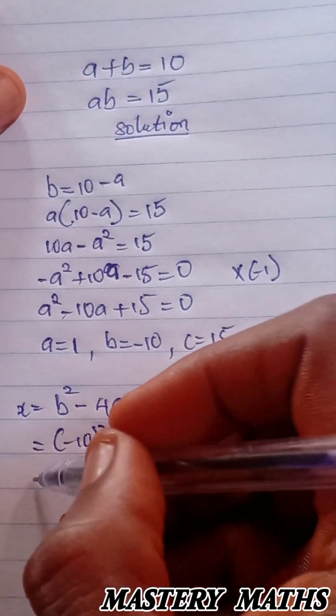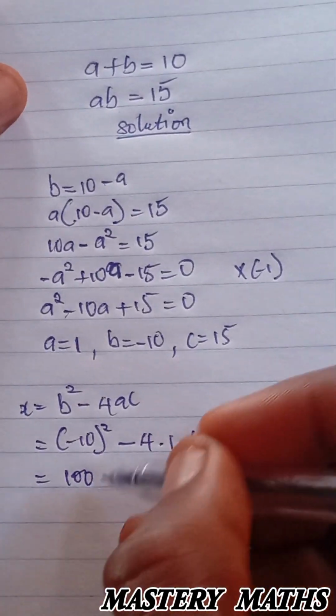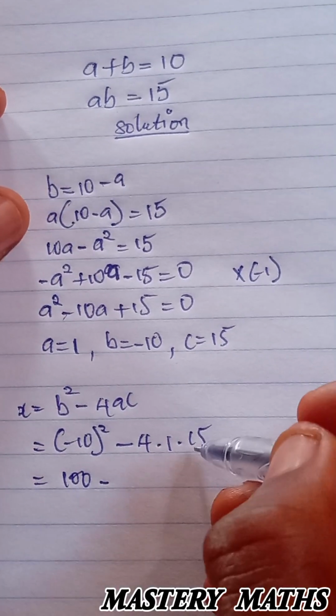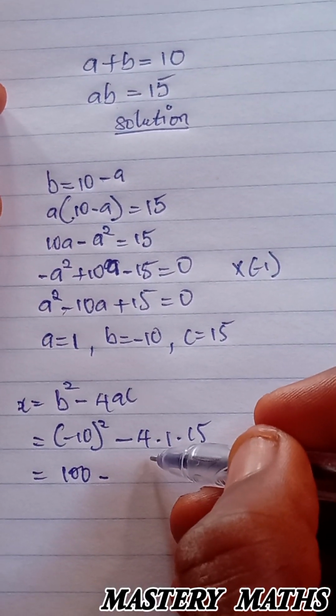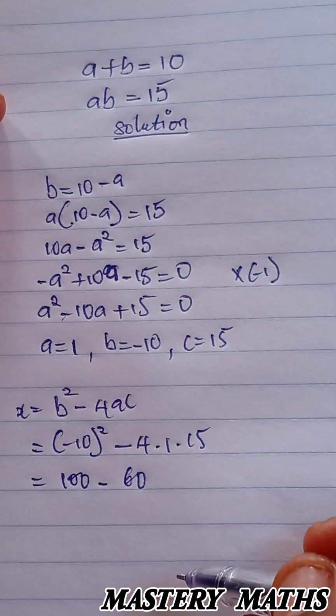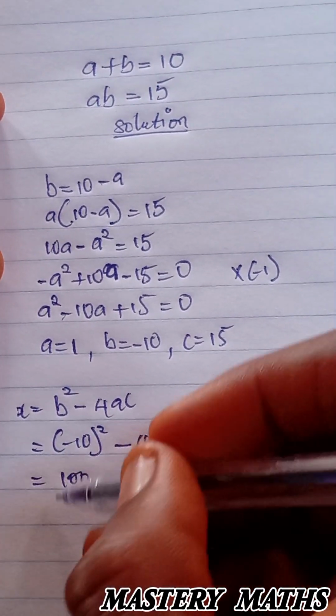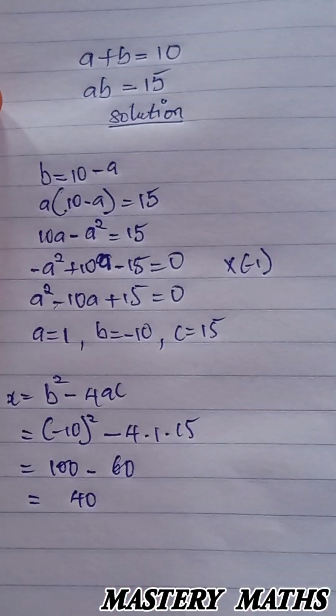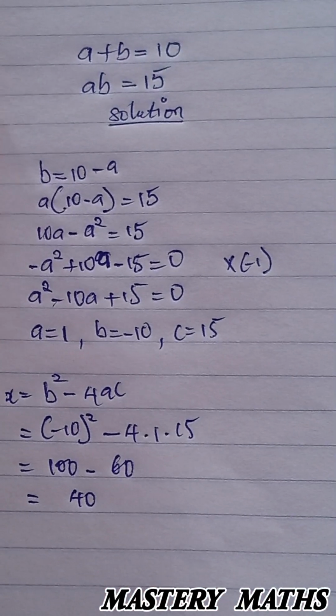Minus 10 squared gives us 100, minus 4 times 15 times 1, which gives us 60. Then 100 minus 60 gives us 40.